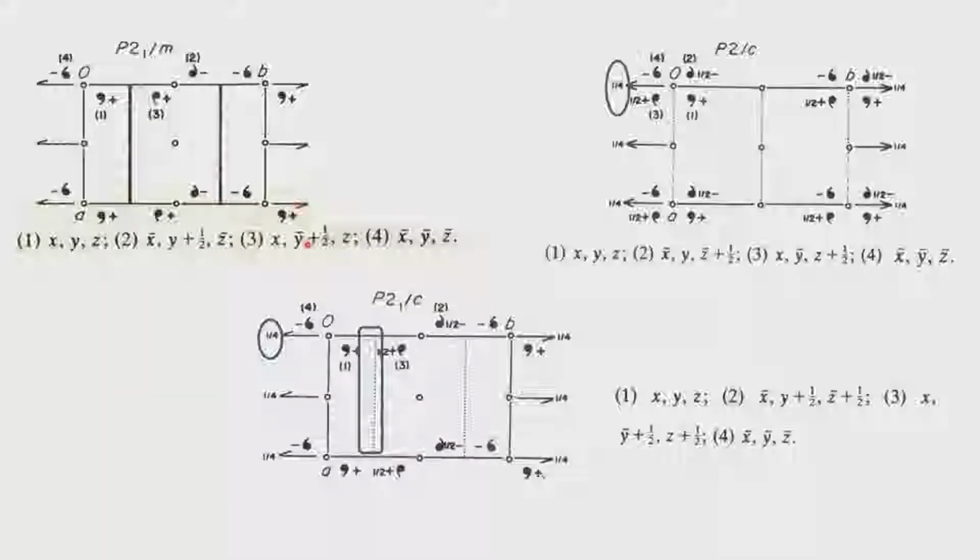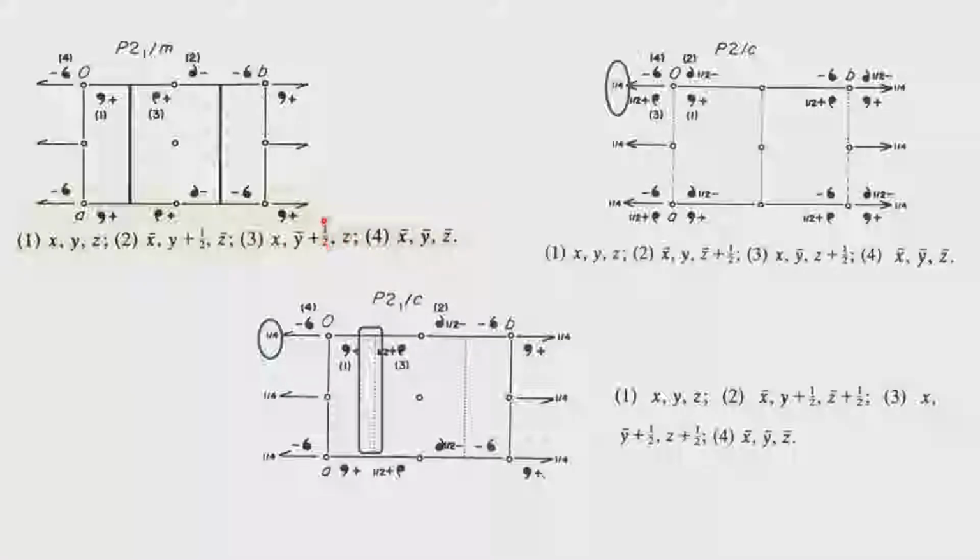Now, the next operation is the mirror operation. The mirror operation is not now associated with y equals 0, but we have to move it by 1/4. So, the mirror operation is moved by 1/4 along the B axis, and because of the fact that mirror is 1/4 removed, you will add, for example, 1 now goes to the point 3, which is now x y z, going to x instead of x y bar z, it adds on a half unit with that one, and therefore, we get x, y bar plus half, z as the third equivalent point.